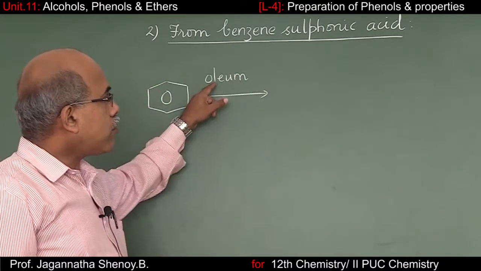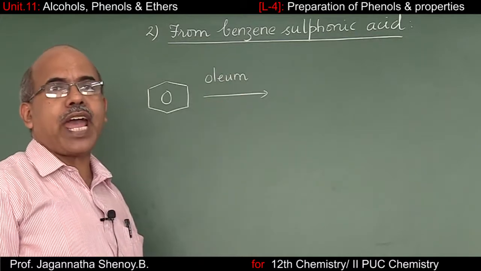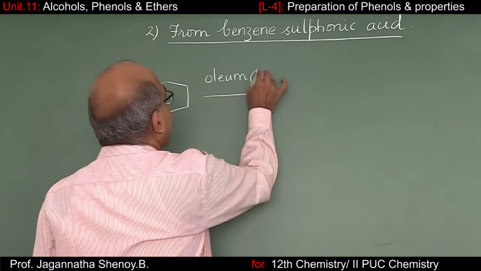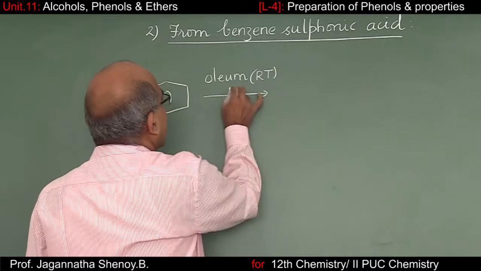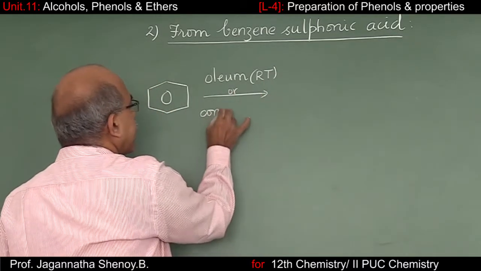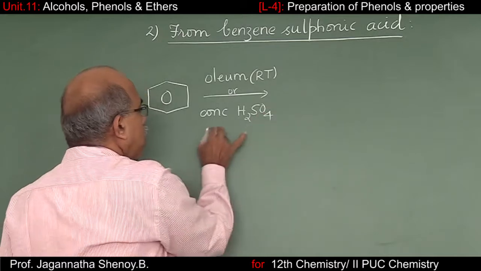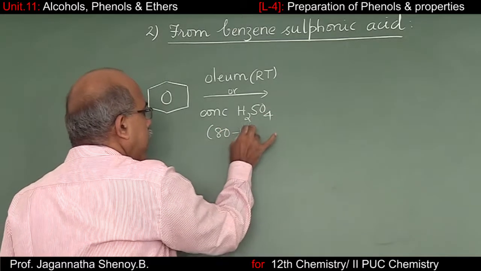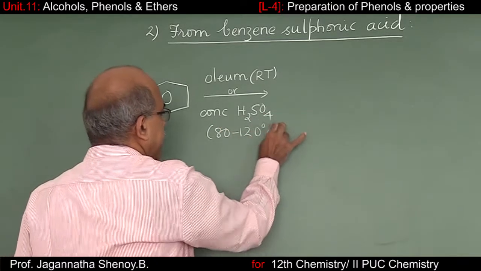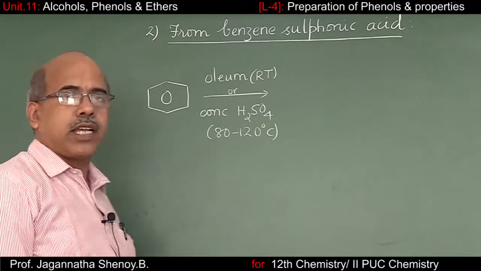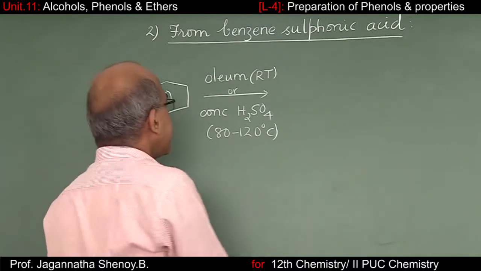If you make use of oleum, the reaction can be carried out at room temperature. Or I can make use of concentrated sulfuric acid. In such case, I have to go to a temperature of 80 to 120 degrees Celsius. In step number 1, I am carrying out sulfonation of benzene.